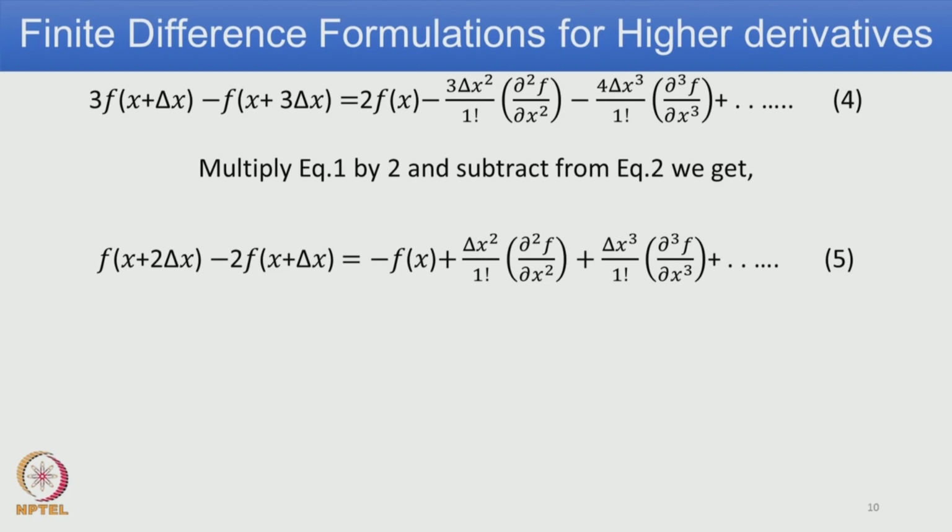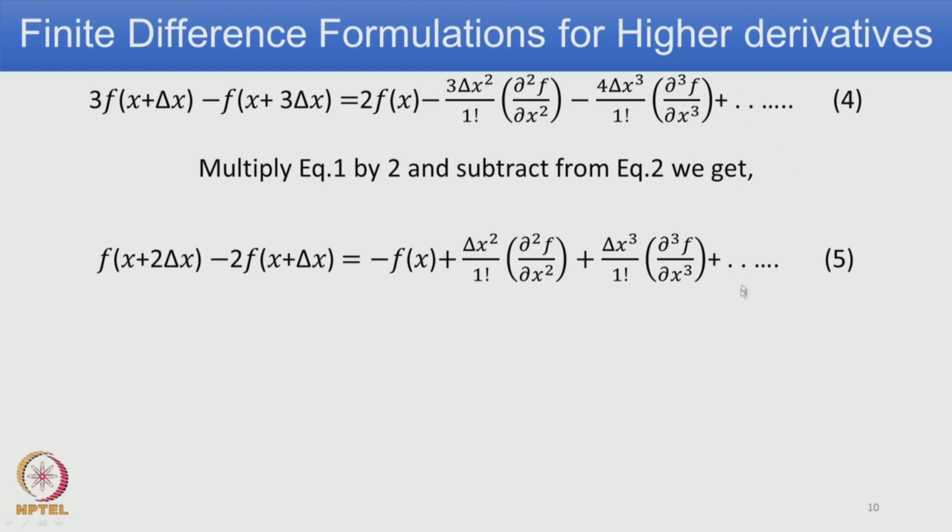Then we get one more equation that is shown here: f of x plus 2 delta x minus 2 times f of x plus delta x on the left hand side, and on the right hand side minus f of x and remaining terms. We name this equation as number 5.